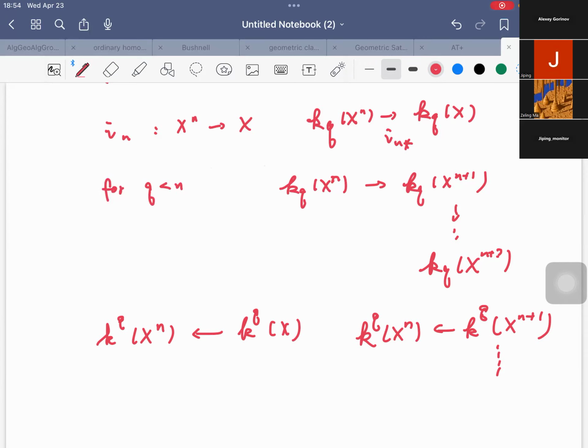So, well, two things happen. First of all, since the maps stabilize, the inverse limit is again just kq of xn. And what about lim1?